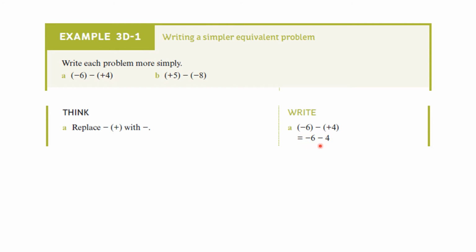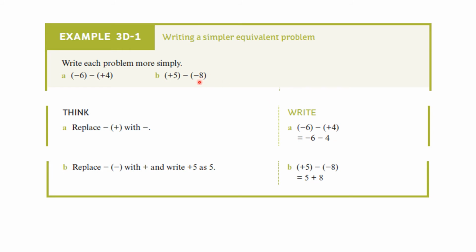So you're going to leave your answer like that. With question B, I have 2 minus signs in the middle, we can write them as a plus, and you can see they've even gotten rid of this plus sign here in front of the 5. We don't need to write that. If we know it's a positive number, we don't have to write the plus sign in front.